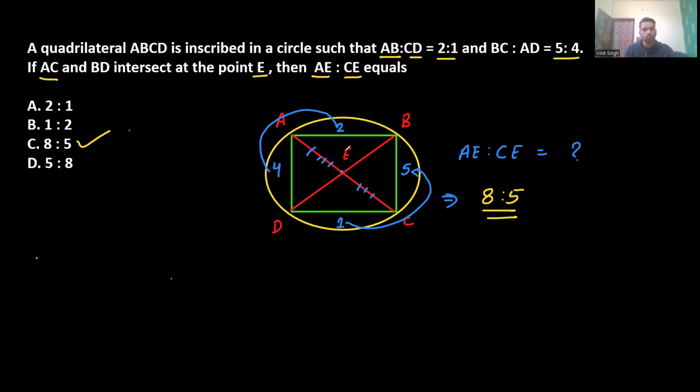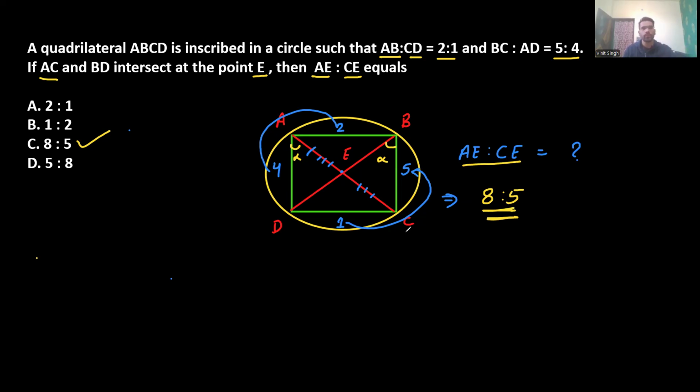Otherwise, you have to equate the angles like that. This angle alpha is equal to this alpha, and after that you have to establish the similarity of the two triangles. After proving the triangles similar, you will get the ratio of AE and CE as 8 by 5.